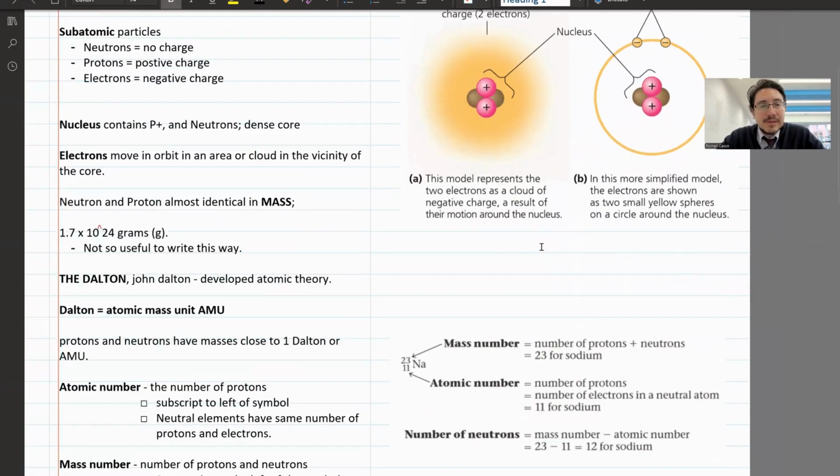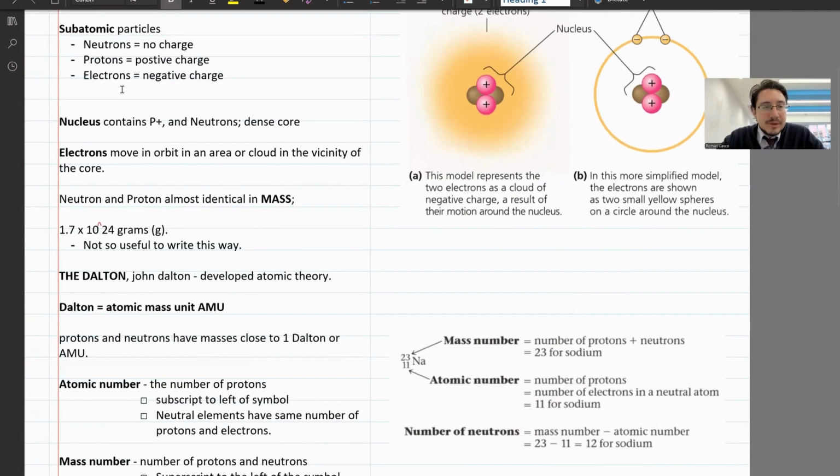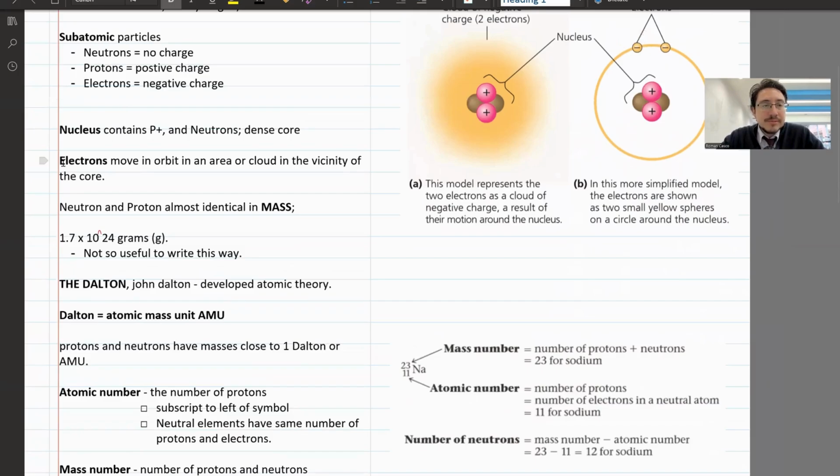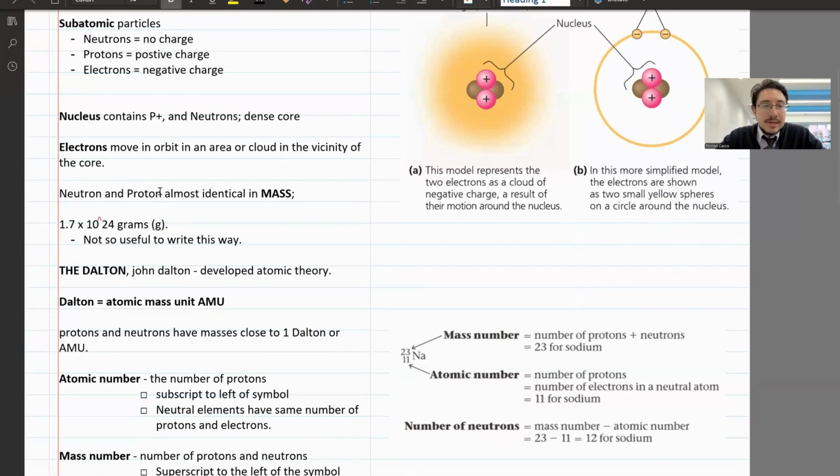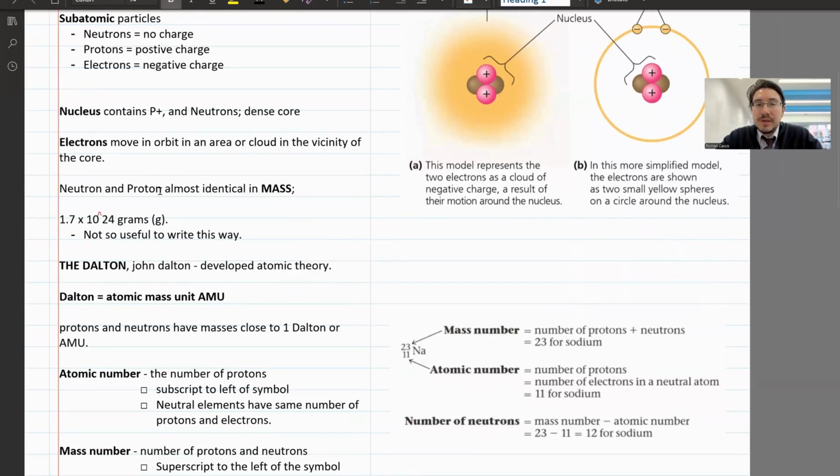As I mentioned before, you have these subatomic particles. The nucleus is basically the central core of an atom, and you'll find the protons and the neutrons aggregated in this core. And then electrons are moving in an orbit around this nucleus.